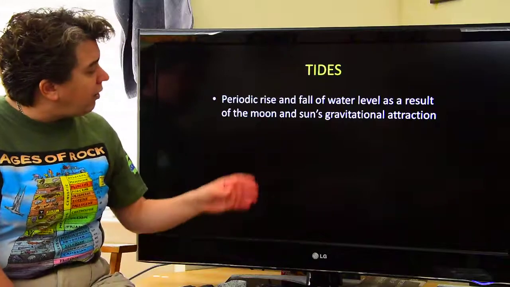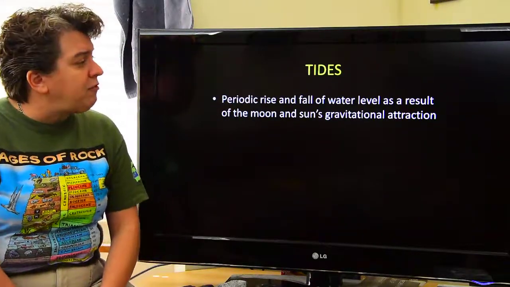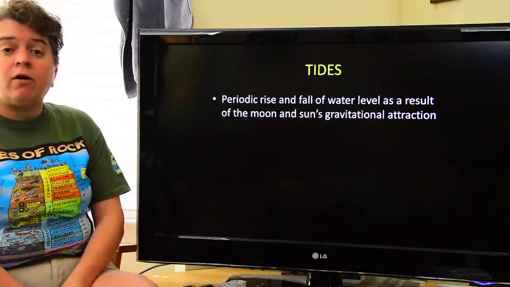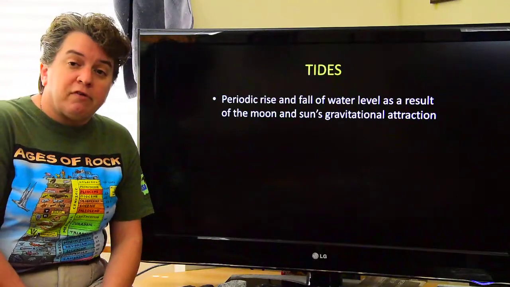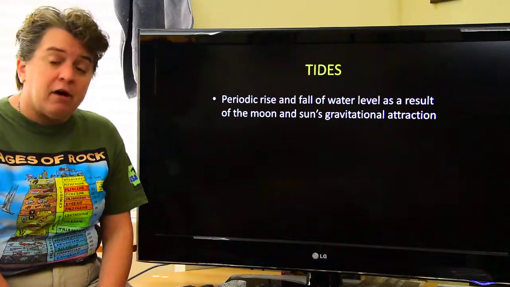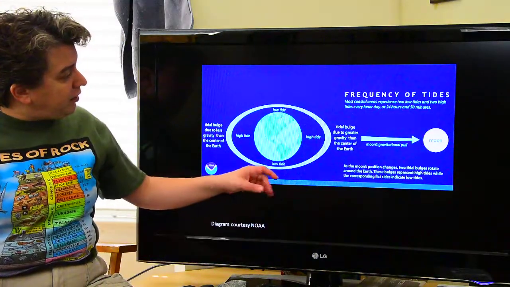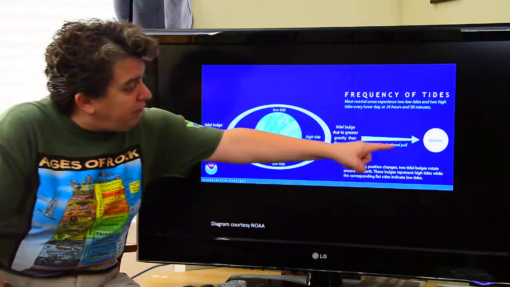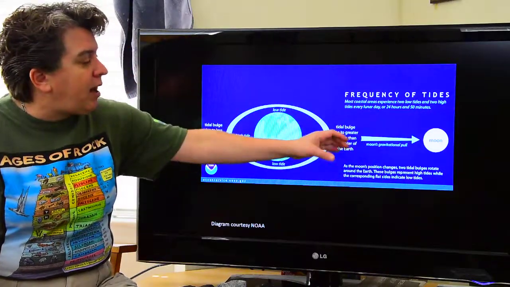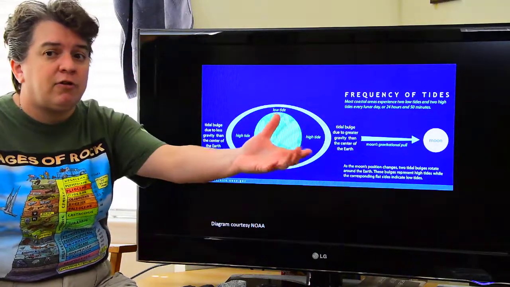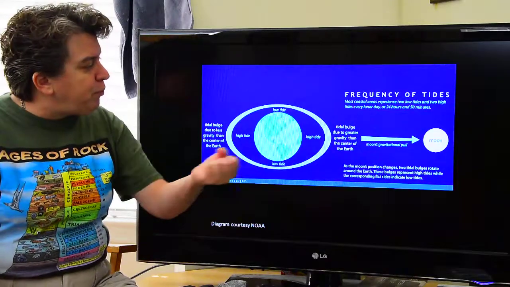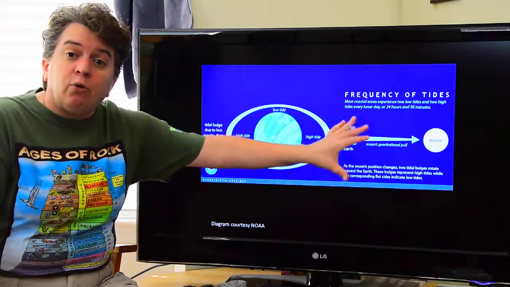What the tides are is the periodic rise and fall of the water level in the ocean as a result of the moon and sun's gravitational attraction. So basically, we have Earth and we have the moon over here, and what happens is the gravitational attraction of the moon pulls the water towards it.